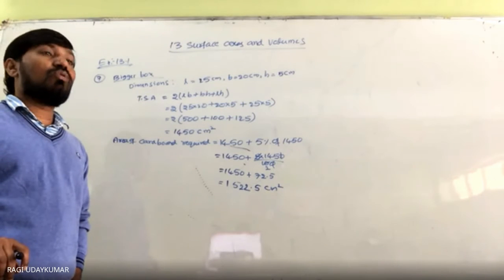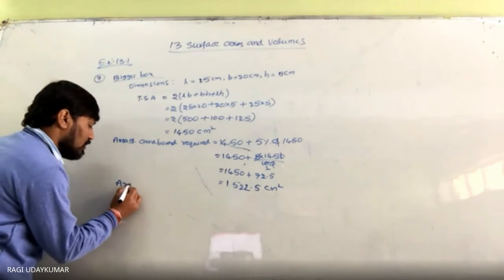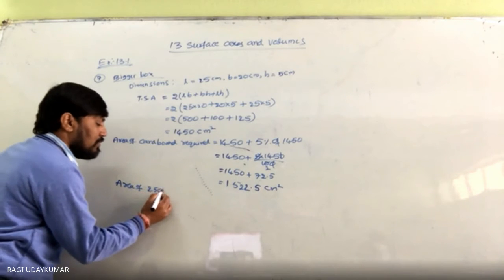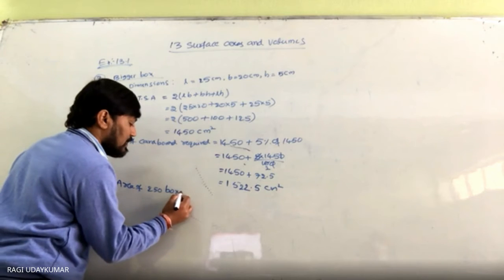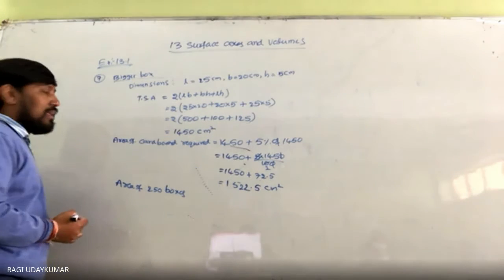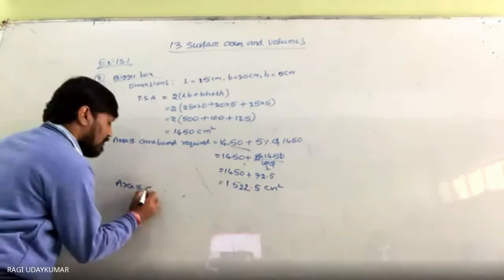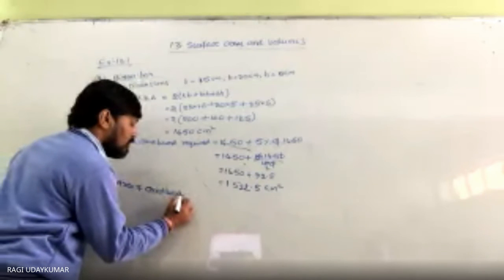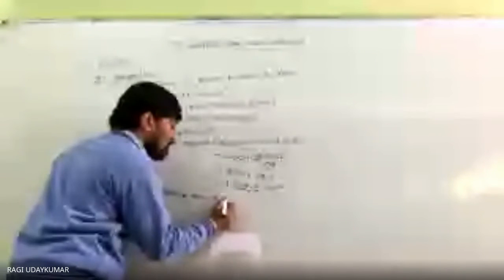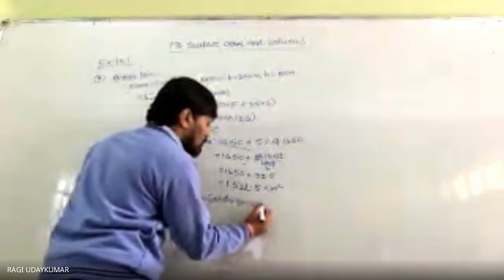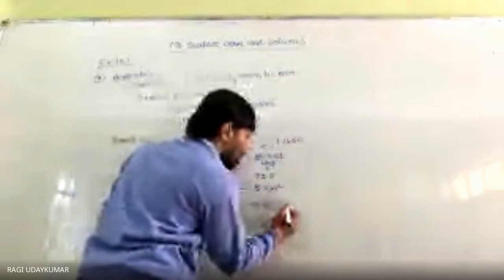So the area of the cardboard required for 250 boxes is equal to 250 into 1522.5. This is for the bigger box.